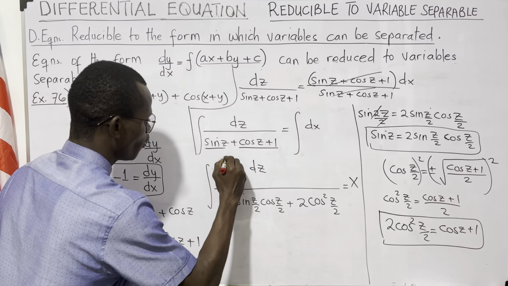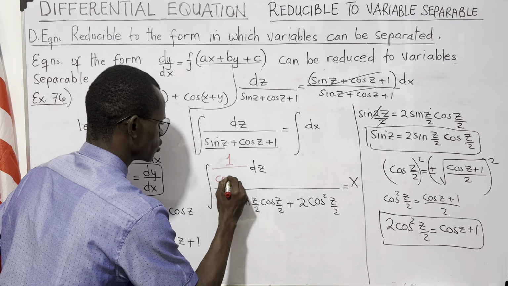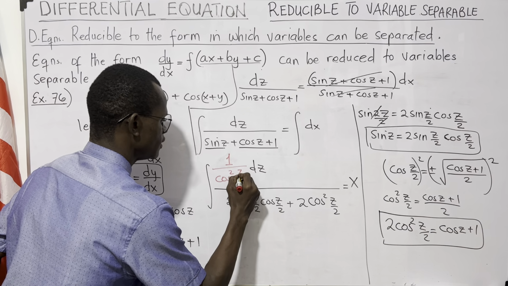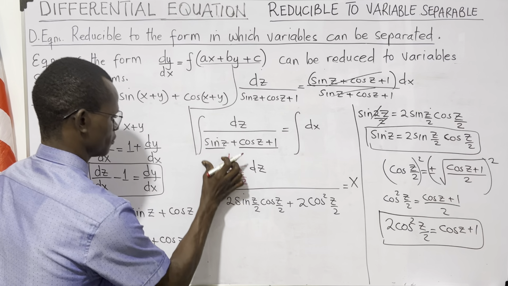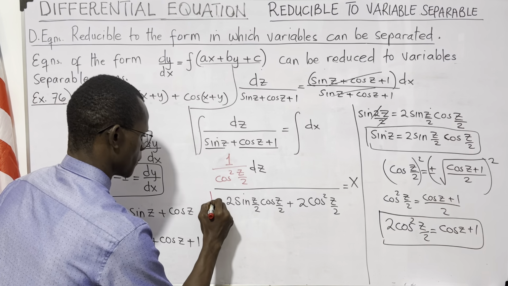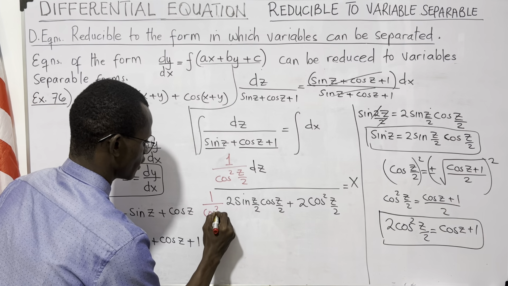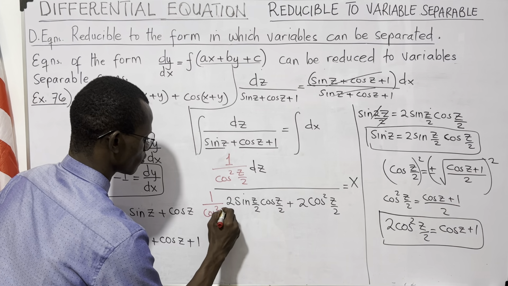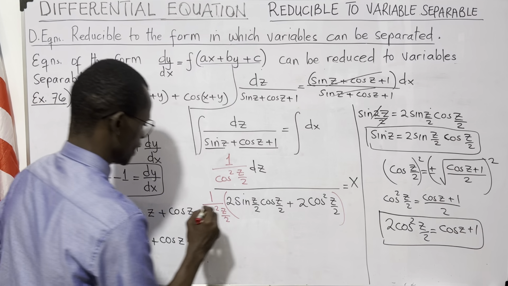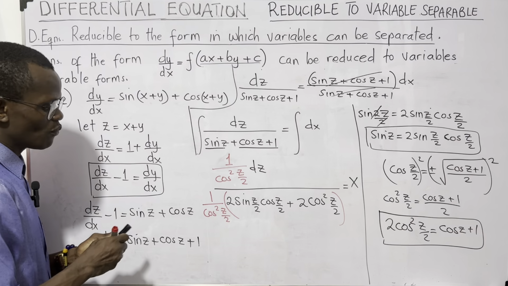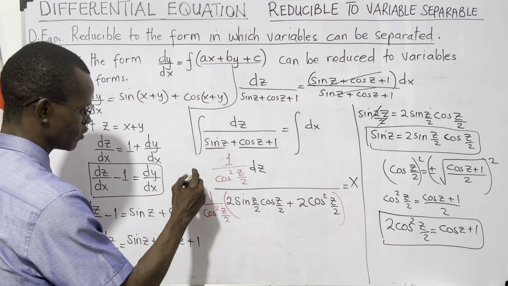So if we divide the numerator by cos square z over 2 and the denominator by cos square z over 2, it means that we have rationalized cos square z over 2.